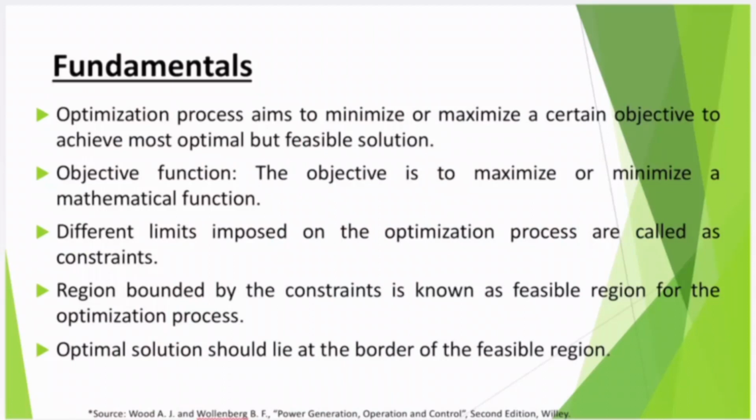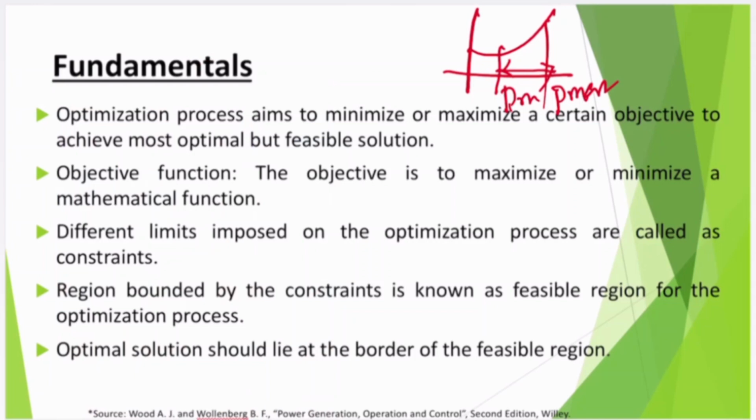Many times I have told you that if there is a cost characteristic, let me just demonstrate it. If this is my cost characteristic, and this is my P minimum and this is my P maximum, then within this range you have to change your P. So P max is the maximum limit and P min is the minimum limit, and hence that is my constraint.